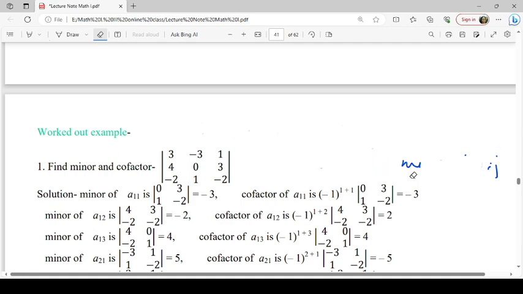If a determinant is given, and we write its value as delta, it is the summation of aij times its corresponding cofactor Aij, with i from 1 to n, j fixed.